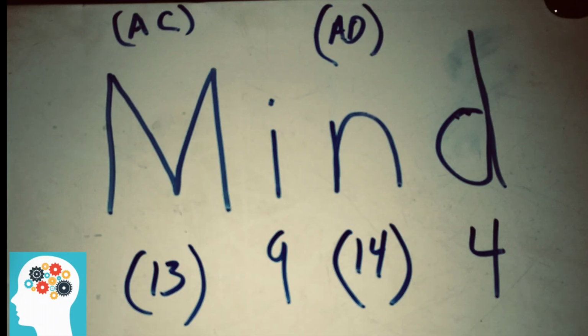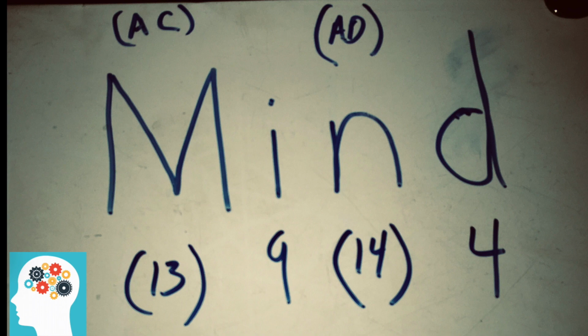Now we can look at the word "mind." Okay, the mind, starting with an M, is the 13th letter. You could say manifest. And since we also have a 2-digit number for that letter, it could also be broken down into 1 and 3, which are A and C, an activated concept. But since the A is in the 10th spot, it is an active tense concept, which is manifest.